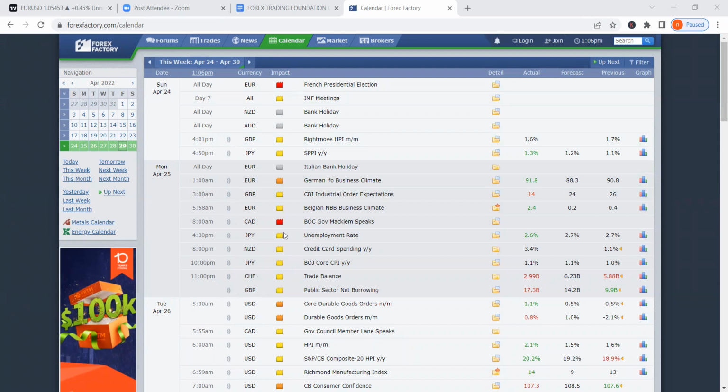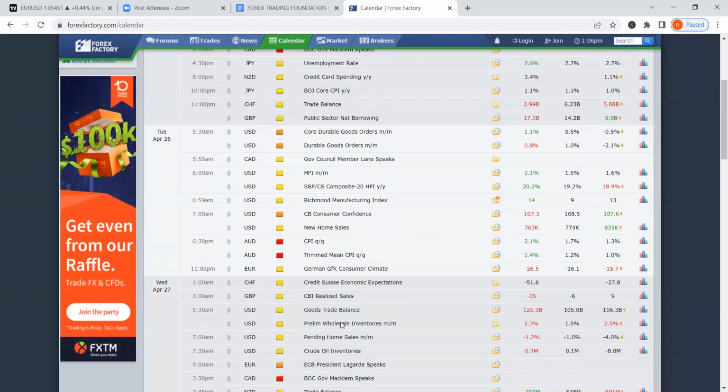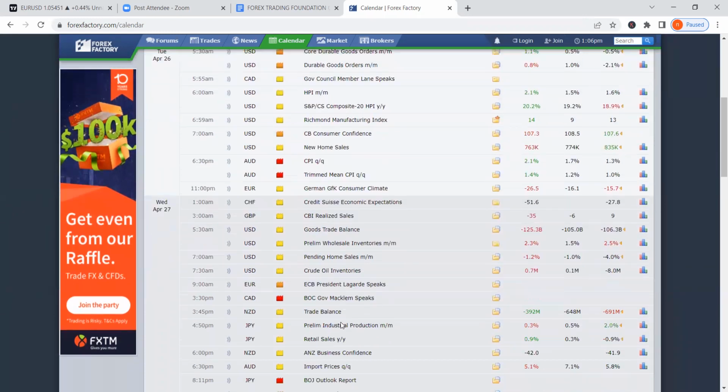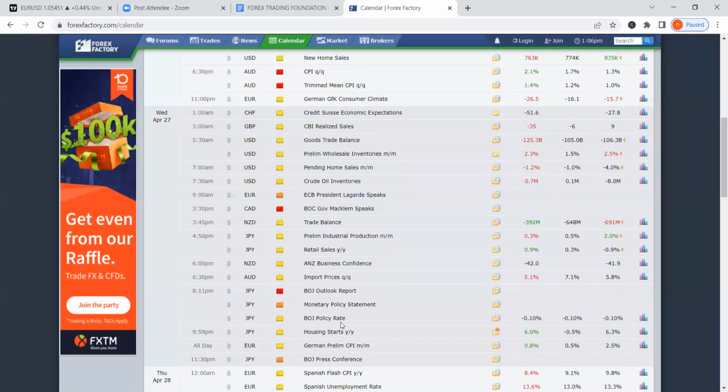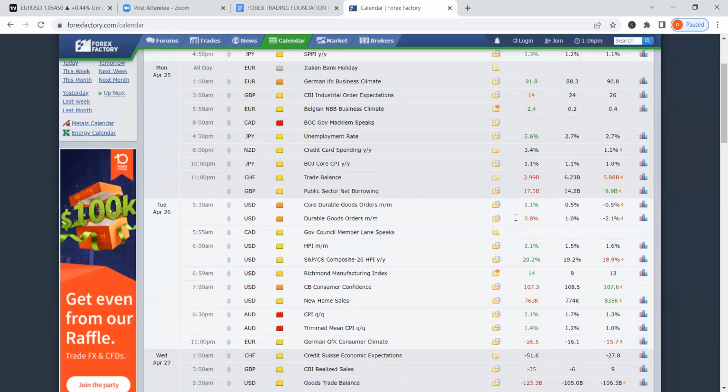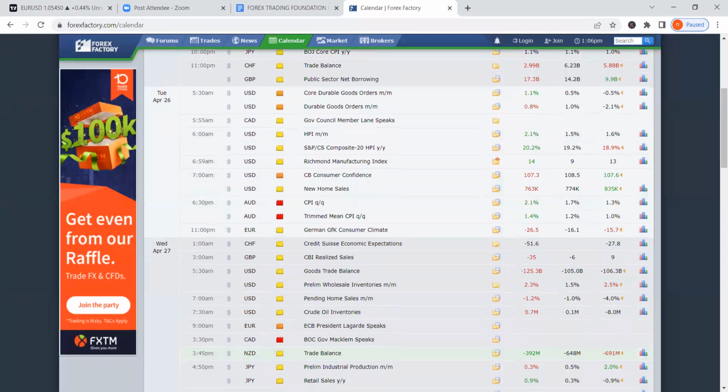So now let's go to one key news right now. Let's look at trade balance. Can you see that under this trade balance, Japan JPY trade balance, preliminary industrial production month on month, the first one is actual.